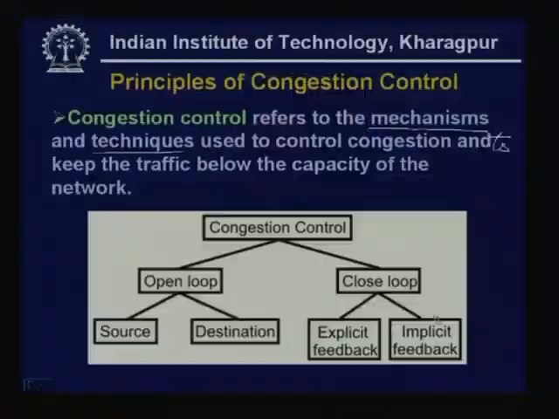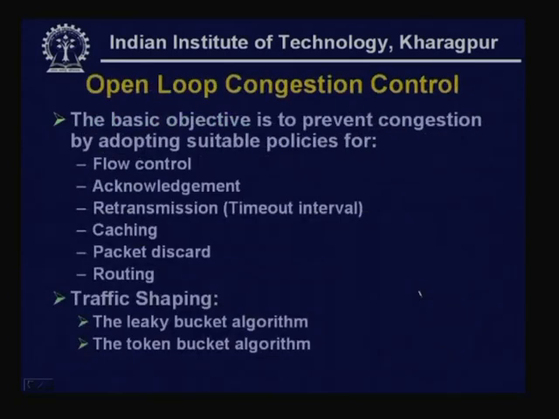On the other hand, if the delay is very high, the source or station gets some implicit feedback. That means the acknowledgement acts as implicit feedback, which can be used for controlling congestion. So, based on this, closed loop can be divided into two different types.